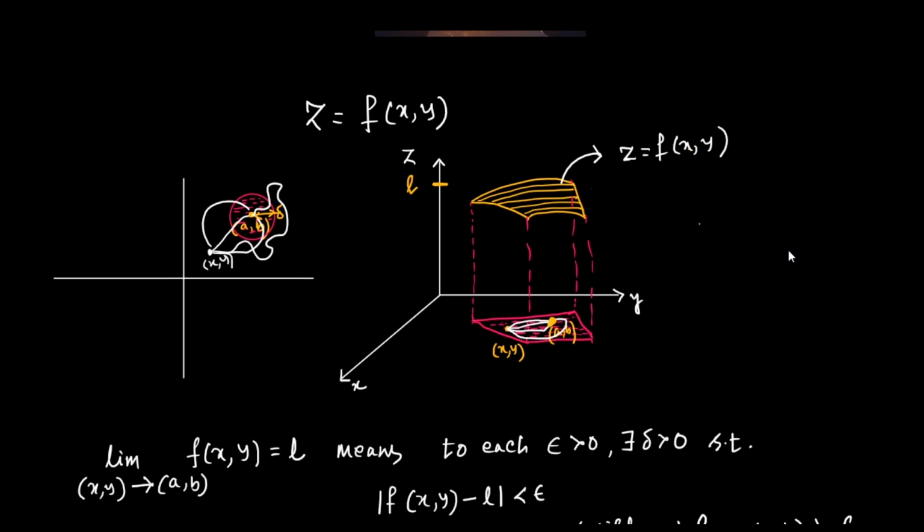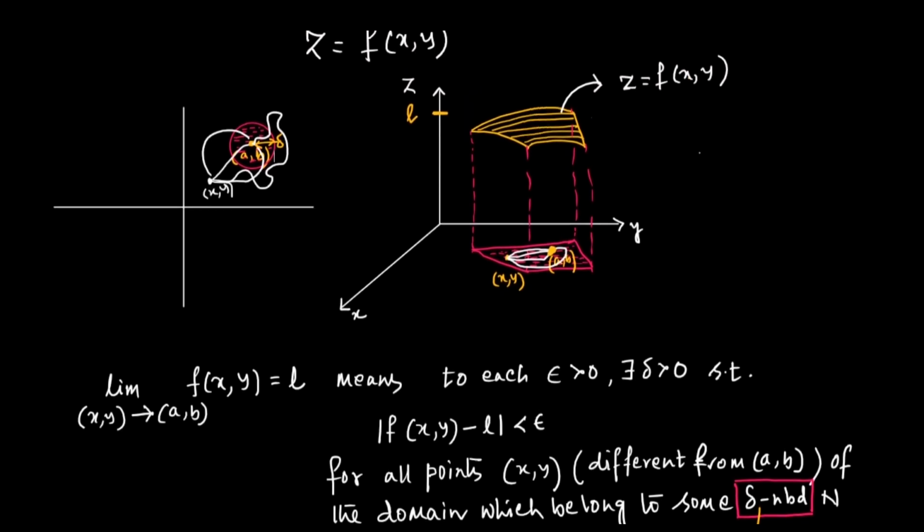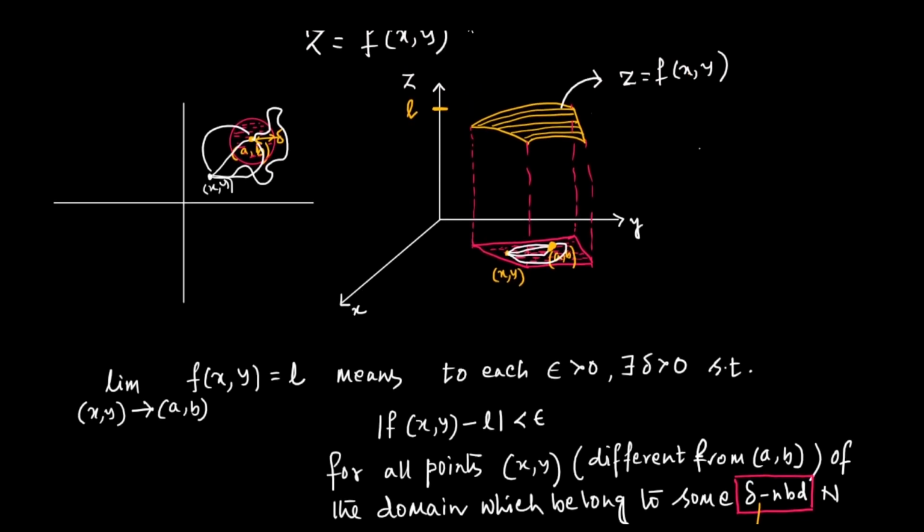And in that situation, if mod of f(x,y) minus L is less than epsilon, that means if I consider this kind of an interval, say this is L plus epsilon, this is L minus epsilon.